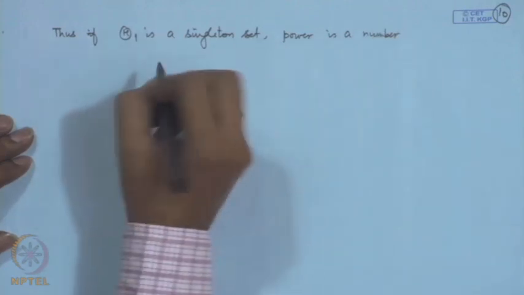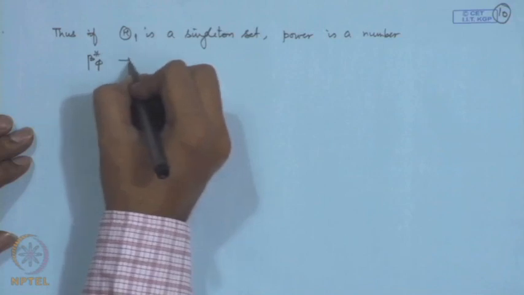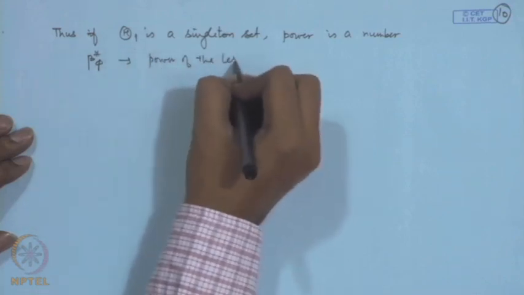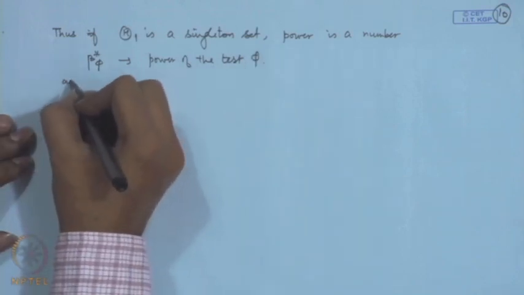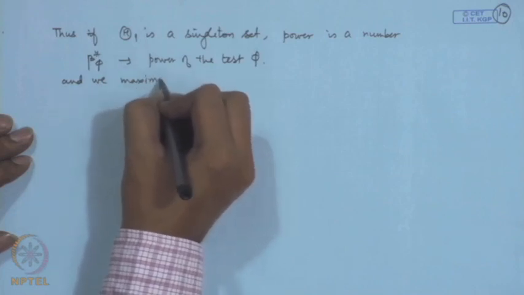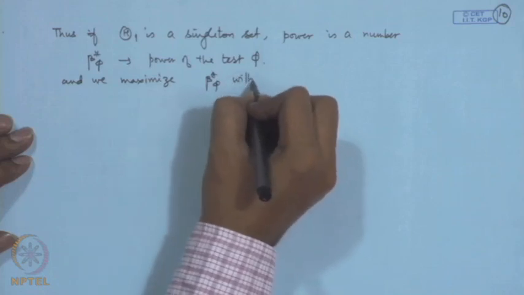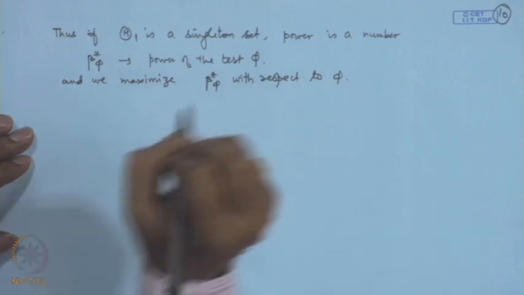So, we can use the notation beta star phi to denote the power of the test phi, and we maximize beta star phi with respect to phi.